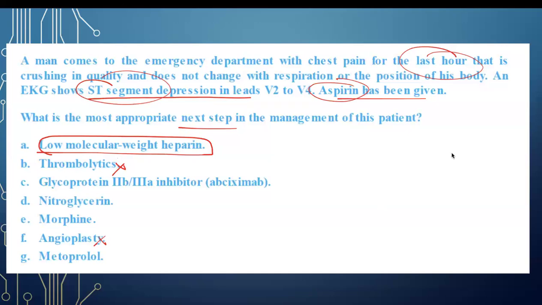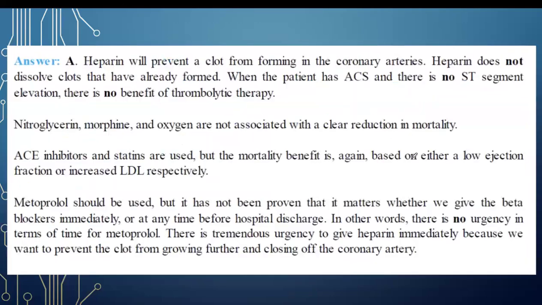Okay, so for unstable angina or non-ST elevated MI, your best option will be heparin. Heparin will prevent a clot from forming in the coronary artery. It does not dissolve the clot that has already formed. When the patient has acute coronary syndrome and there is no ST segment elevation, there is no benefit of thrombolytic therapy.